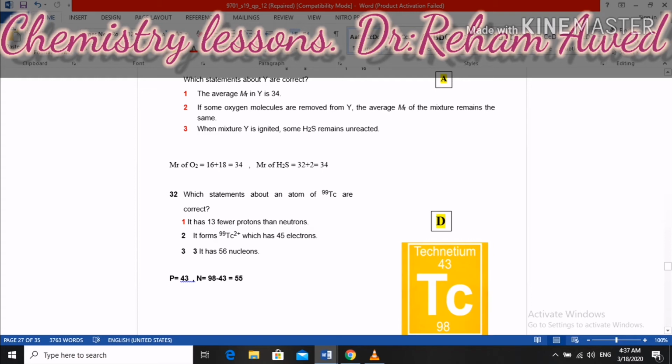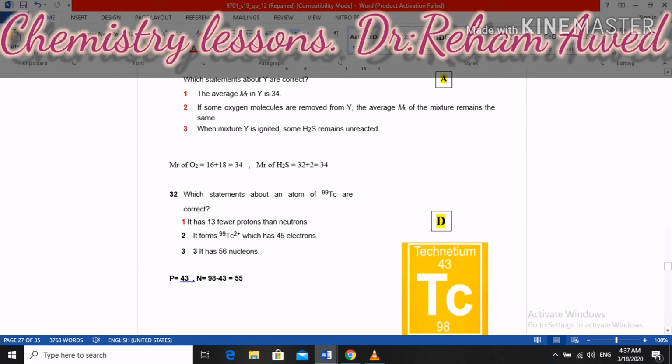It is the first choice. Just we want to calculate number of protons is 43. Number of neutrons equal atomic mass minus the atomic number equal 98 minus 43 equal 55. So we can see that the difference between number of neutrons and number of protons nearly 13, not exactly.